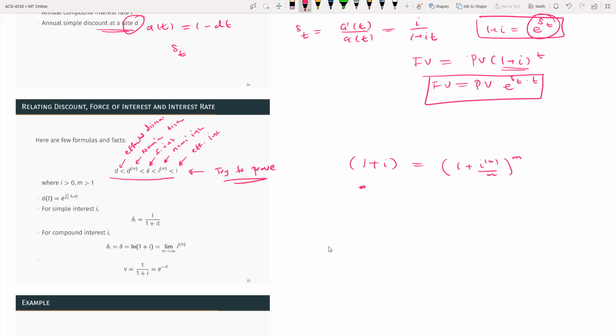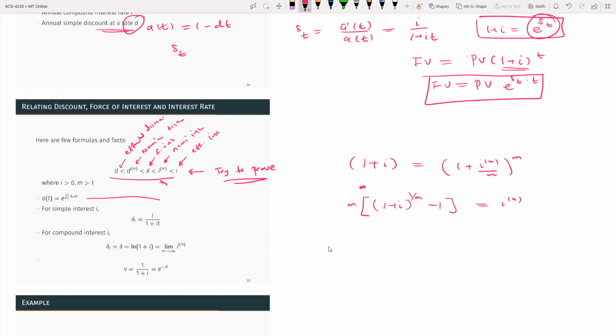So from here you can solve for i^(m), which is going to be what? ((1+i)^(1/m) minus 1) times m, which is i^(m). So now somehow you need to argue that i^(m) is less than i. See whether you can prove this. It would be a nice exercise.